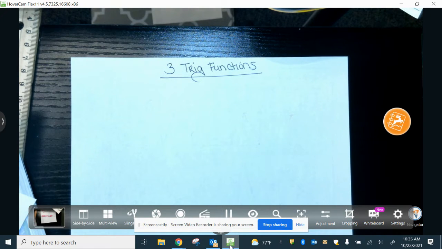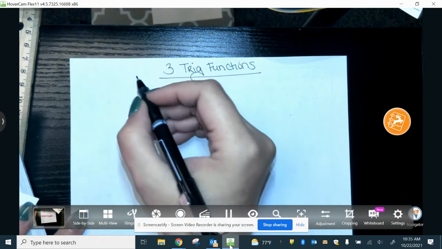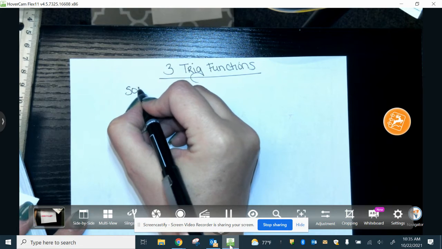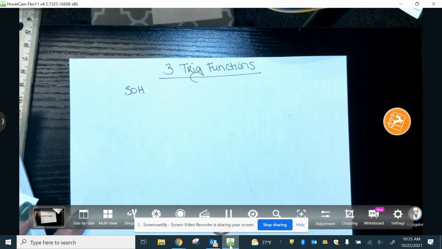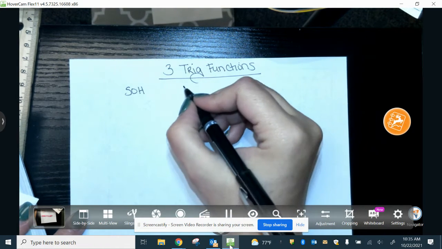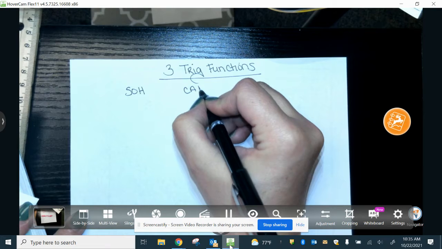There are three trig functions that we're going to be using. You know them. You learned them last year. I'll write the first one for you. So, what are the other two?